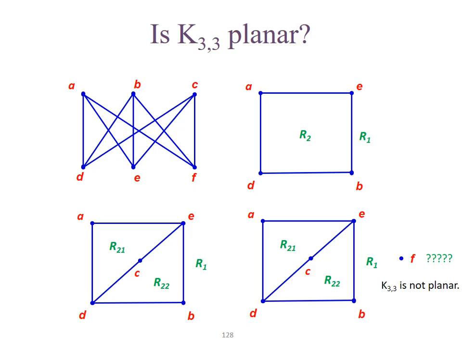We have seen this example: if you switch the positions of E and B, then you can have a path of length 4 in K3,3.